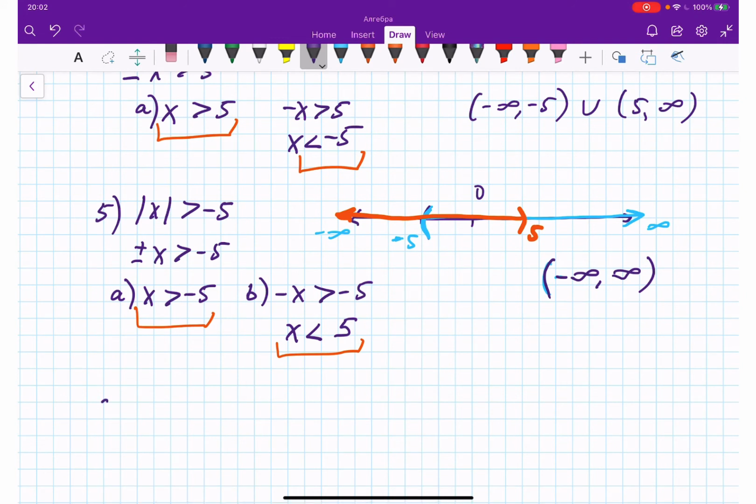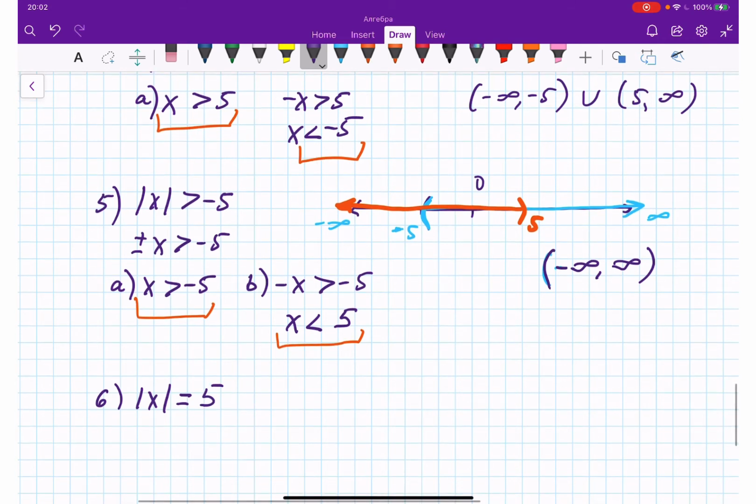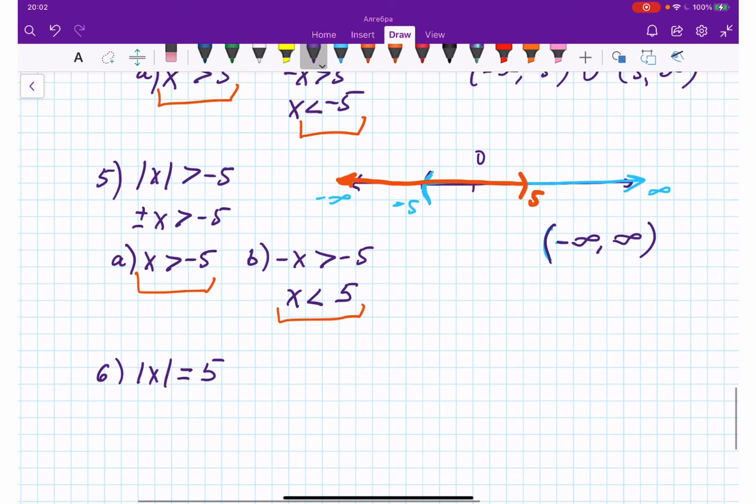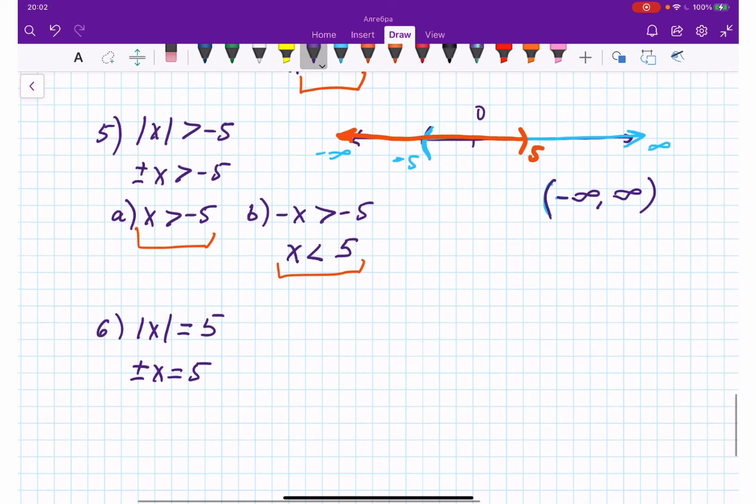Absolute value of x is equal to 5. Well, this is nothing to work on. It's an equal sign, which means plus minus x equal 5, which means A, x is equal 5, B, negative x is equal 5, and x is equal negative 5.